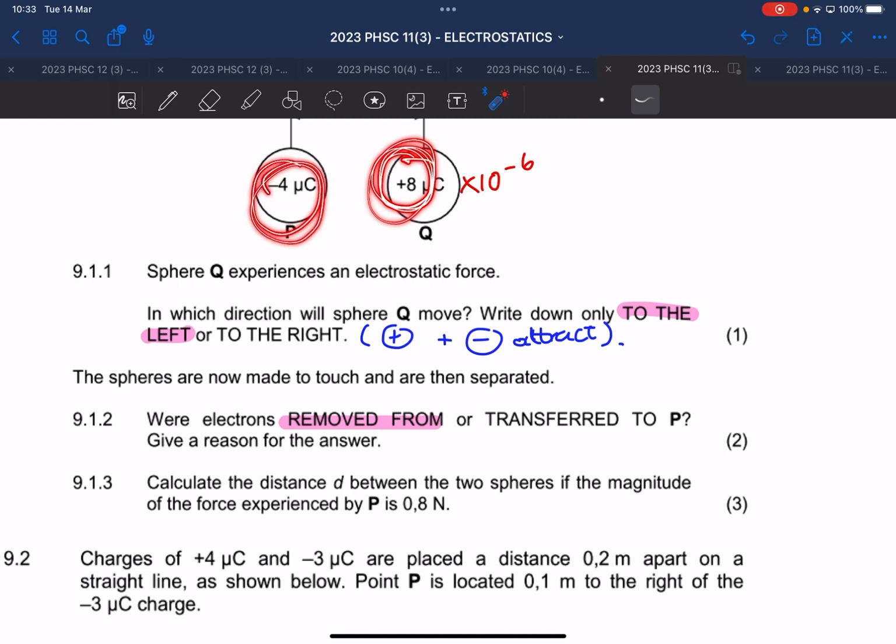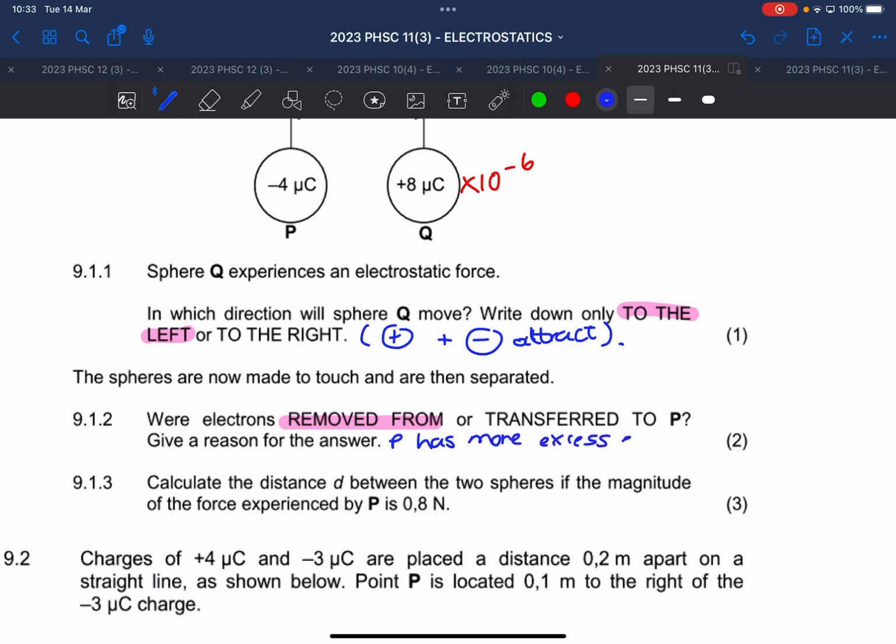This one has excess electrons, so it can move. You could have also said this one is more negative than that one, or it has more electrons than that one, so it will give away. So: removed from P. Give a reason: P has more excess electrons than Q.